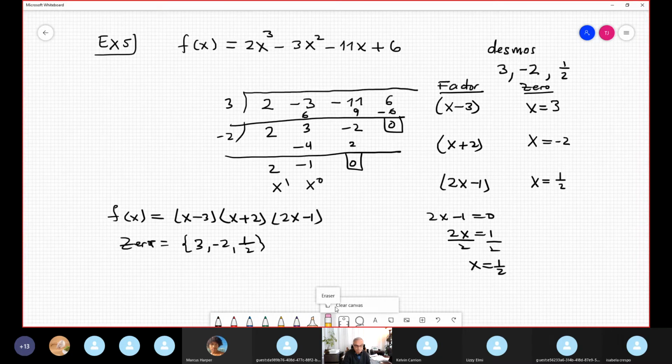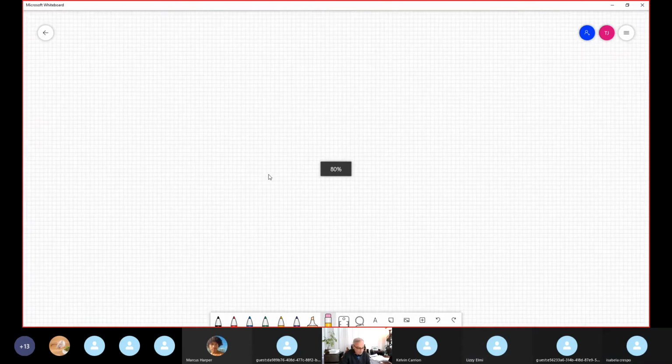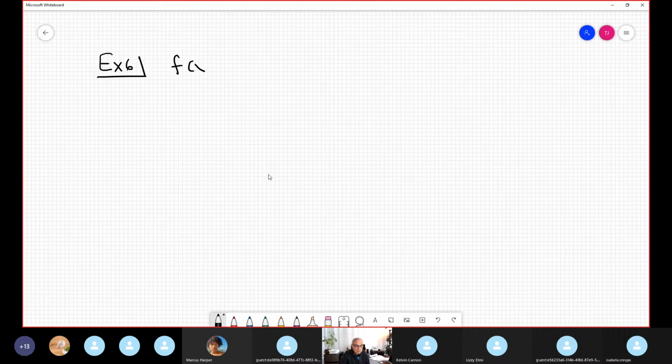Example 6. In example 6, we have another polynomial: x cubed minus 7x squared plus 15x minus 9.